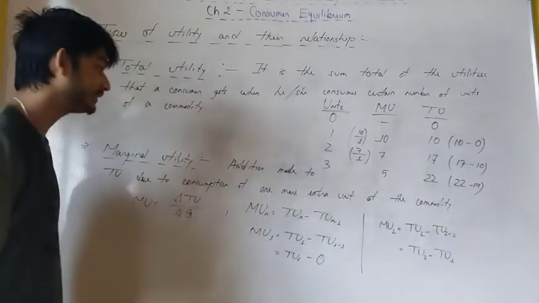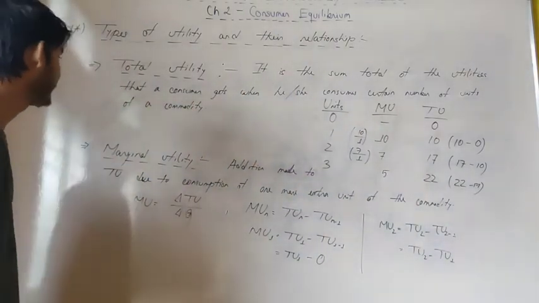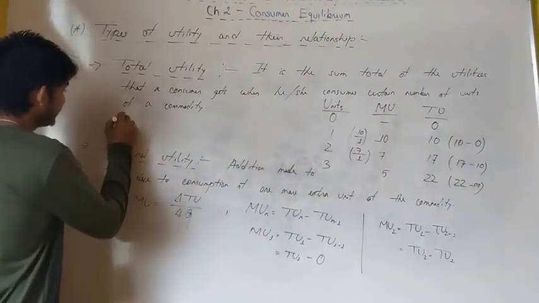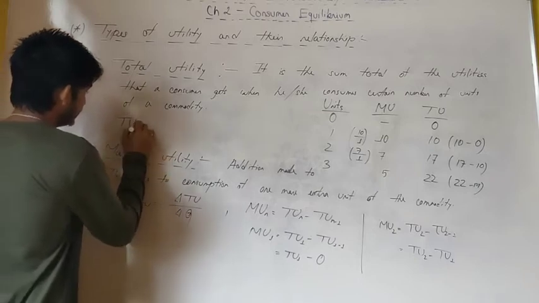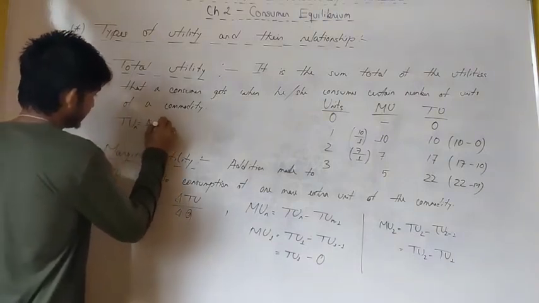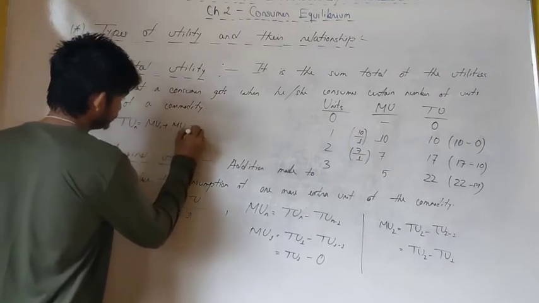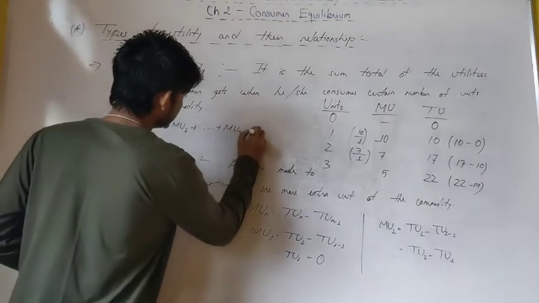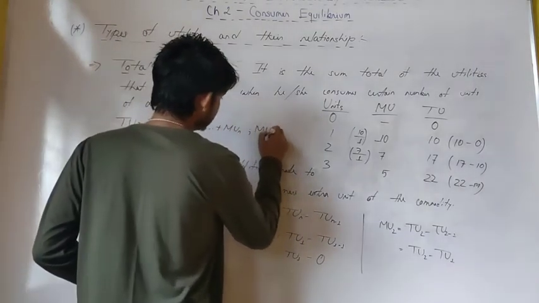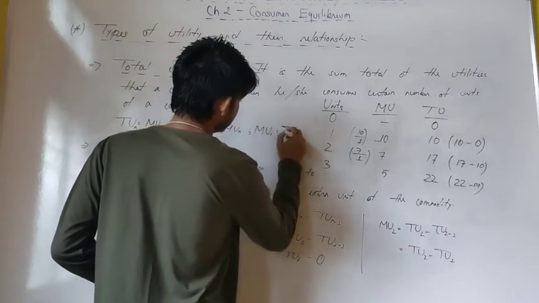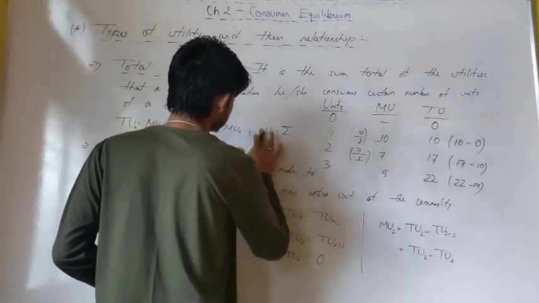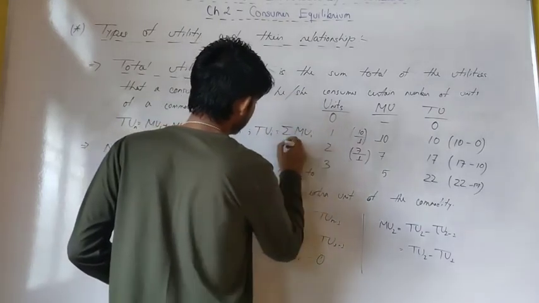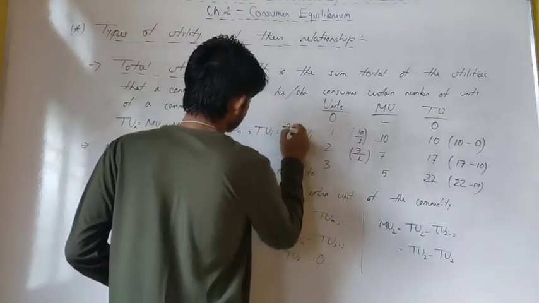So these are the two formulas for calculating marginal utility, and likewise total utility also has a symbolic expression. TUn equals MU1 plus MU2 plus dot dot dot plus MUn, which can alternatively be written as TUn equals the summation of MUi, where i goes from 1 to n.